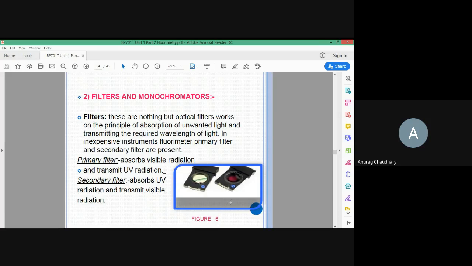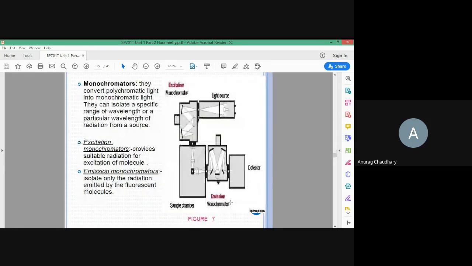Now, monochromators. The main work of monochromators is to convert polychromatic light into monochromatic light. They isolate a specific range of wavelengths coming out from the radiation source. Then, in modern spectrofluorimeter, two types of monochromators are used: excitation monochromator and emission monochromator.